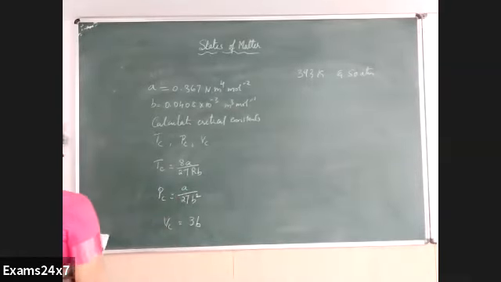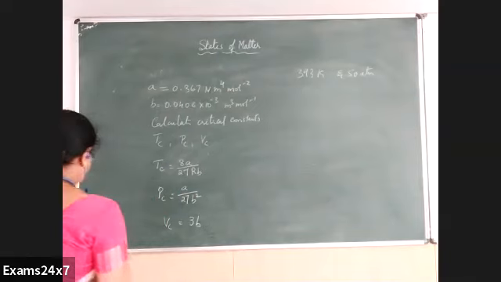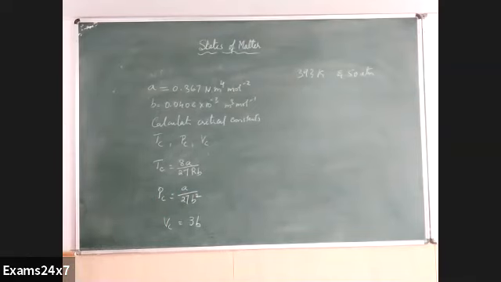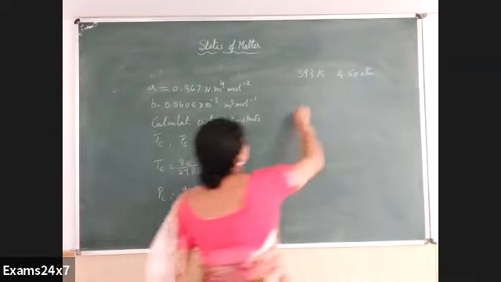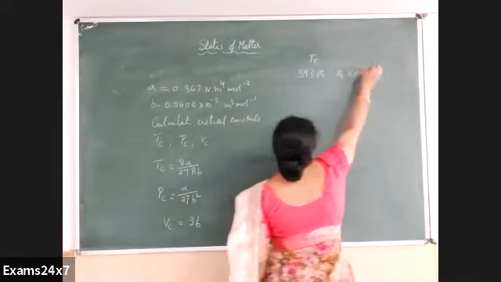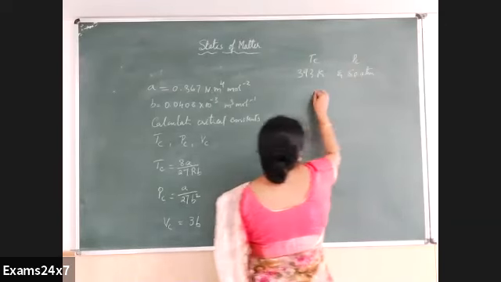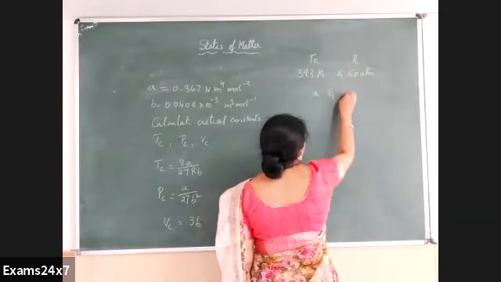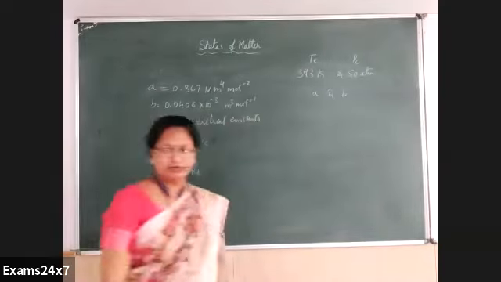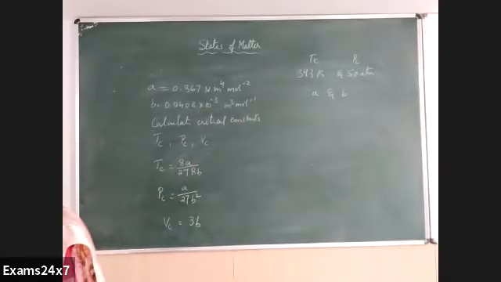You have to calculate the van der Waals constants. Critical temperature and critical pressure are given here, TC and PC. Calculate A and B, the van der Waals constants.